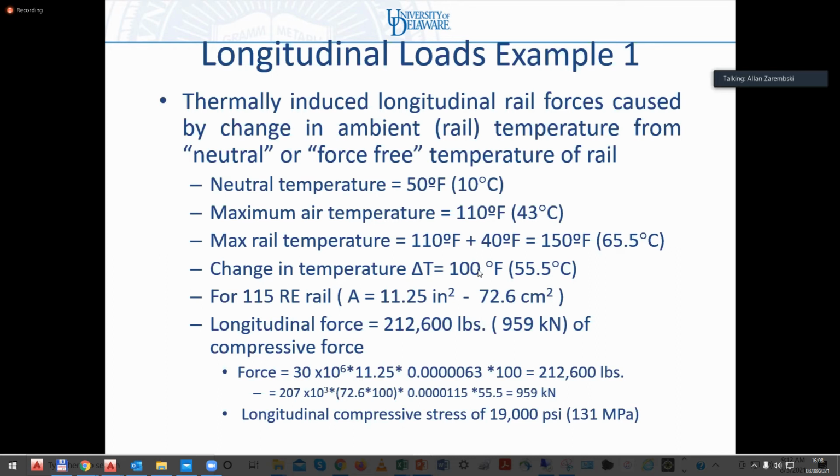Subtracted 50, and that gave me a delta T of 100 degrees. For the rail, the area was 72.6 square centimeters. The E is 207. The coefficient of thermal expansion is 0.00000115 per degree centigrade.